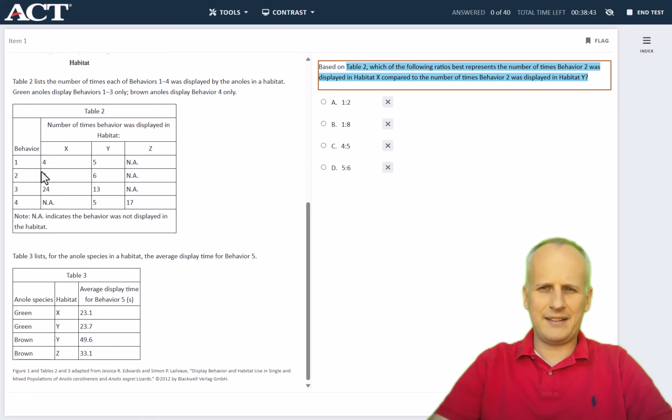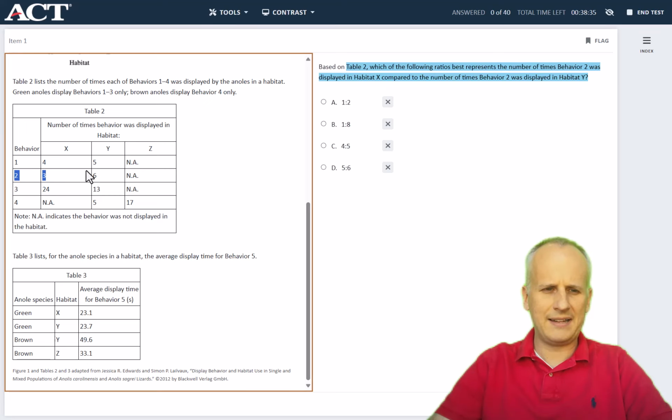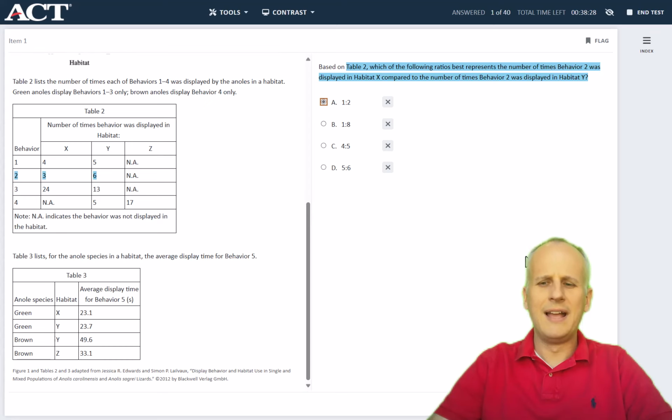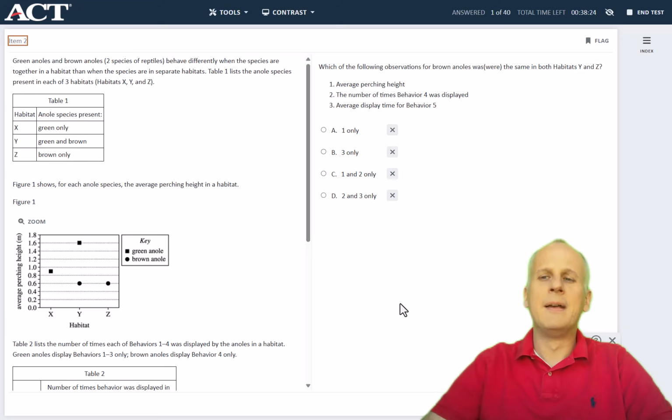And we've got these behaviors 1, 2, 3, and 4. And we're comparing habitat X to habitat Y for behavior 2. And I can even highlight that right here. And I see that X is 3, Y is 6. So that is a ratio of 1 to 2. And that allows me to just move on to the next question immediately.